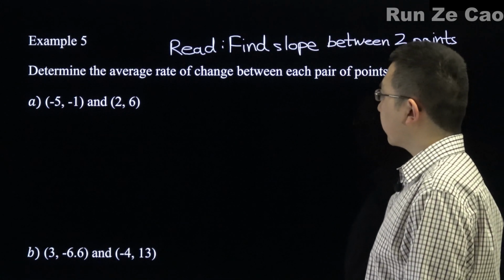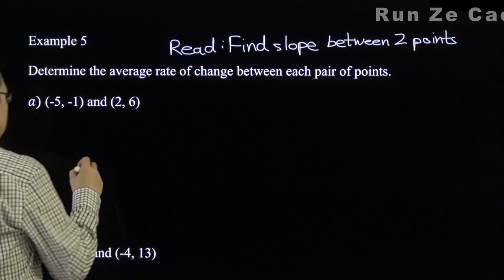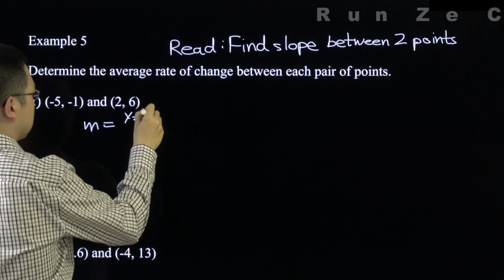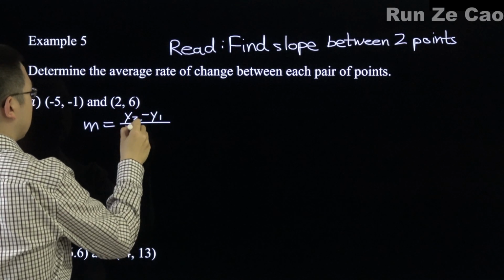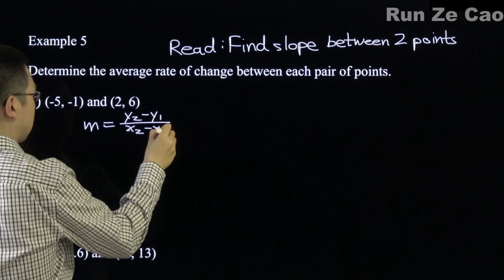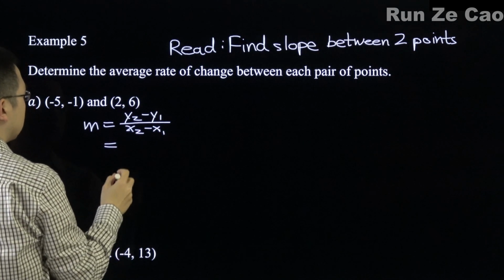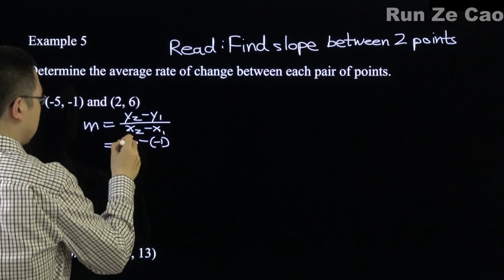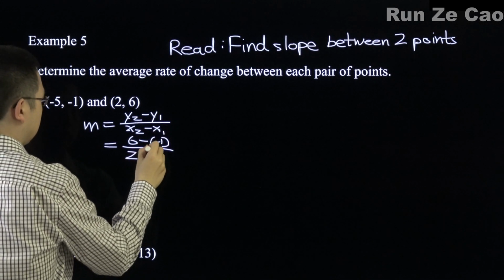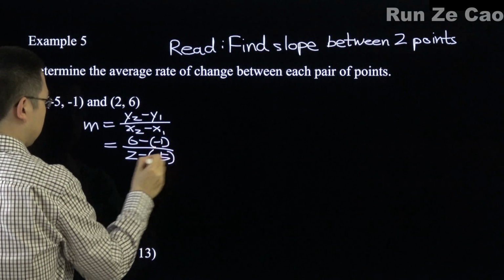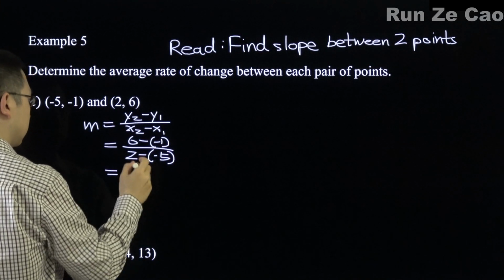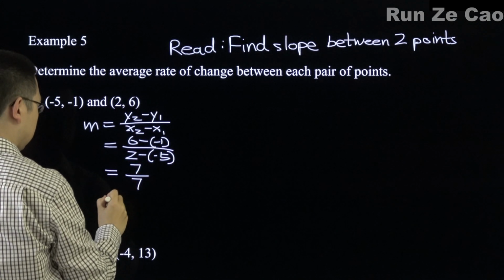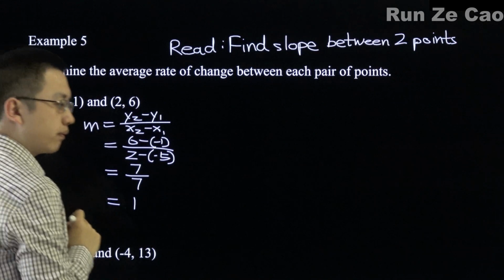So, -5, -1, and 2, 6. m equals y2 minus y1 over x2 minus x1. And this is equal to 6 minus negative 1 over 2 minus negative 5. So that is 7 over 7. So the slope here is 1.